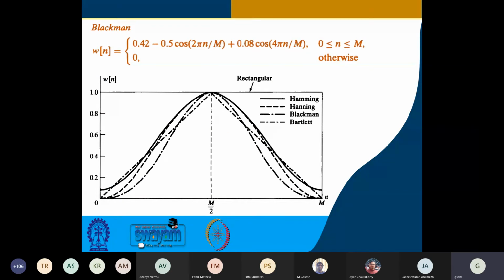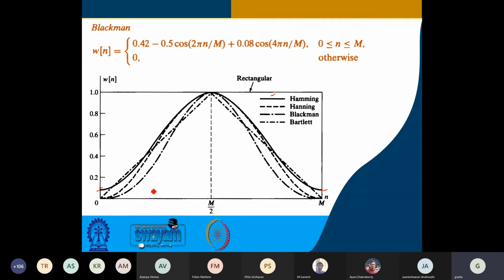And they look like this, the tapering part of it. Hamming and Hanning we have seen. Hamming is the solid line over here, right? It ends at 0.08 or something. It's a bit exaggerated here, I believe. 0.1 is somewhere here.